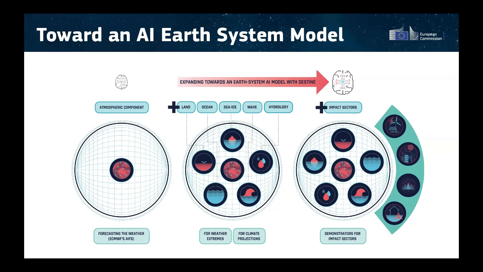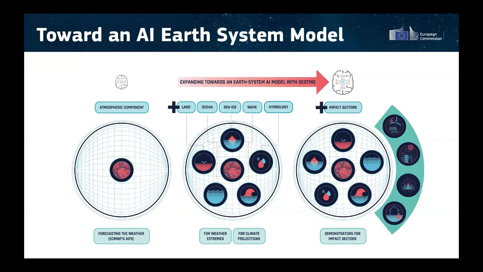What we are building in Destiny: a weather forecast system means you are modeling the atmospheric component of the Earth system. Now we have all the other components, the oceans with the waves, the cryosphere, the land, many things. Now they are developing the AI modeling of these components to be coupled with the weather forecast.